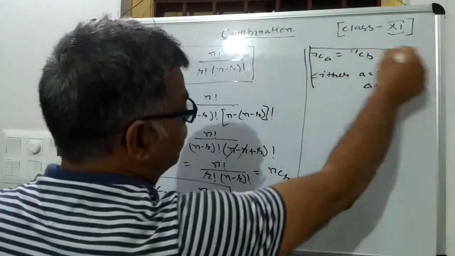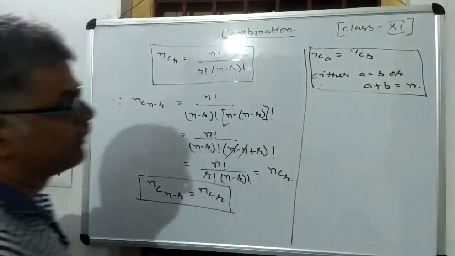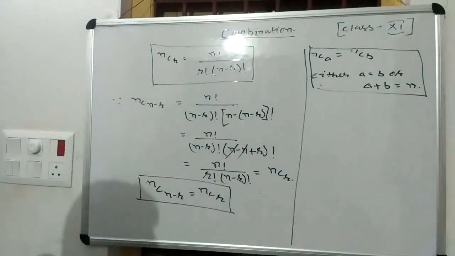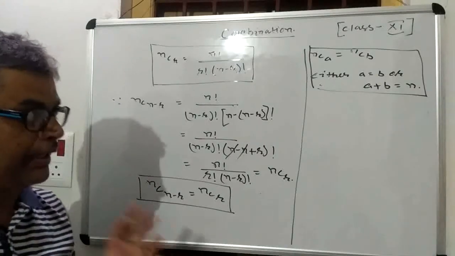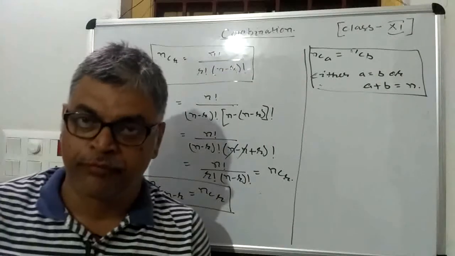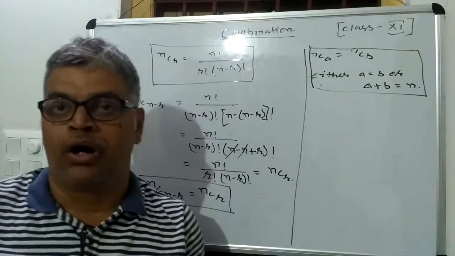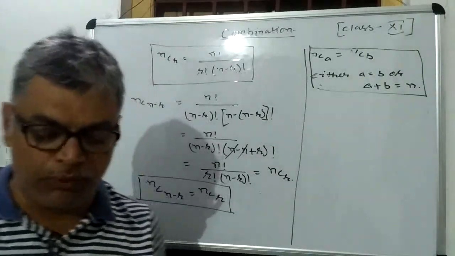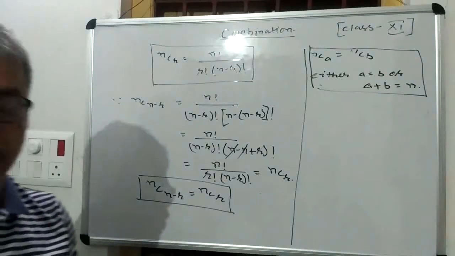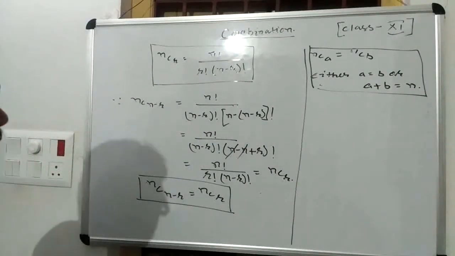This is also an important result. When nCa equals nCb, then there are two possibilities. Either a equals b or a plus b will be equal to n, that is the total number of objects.